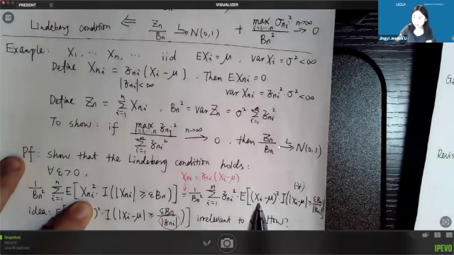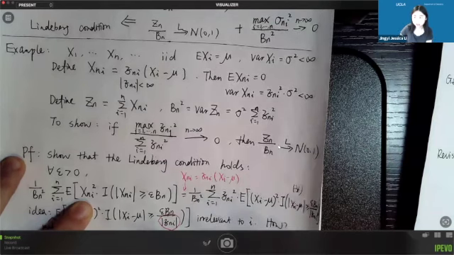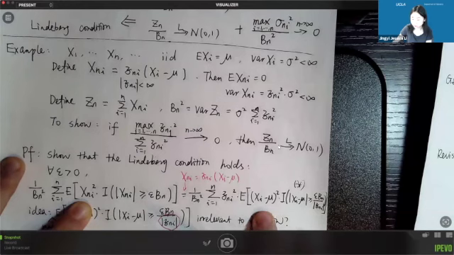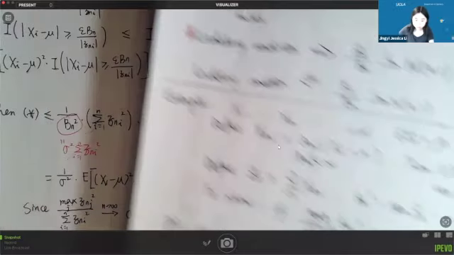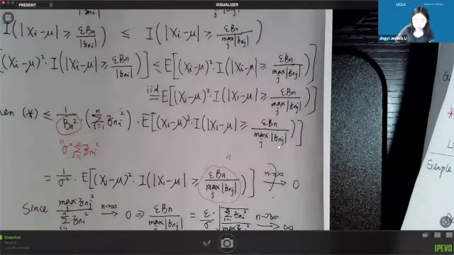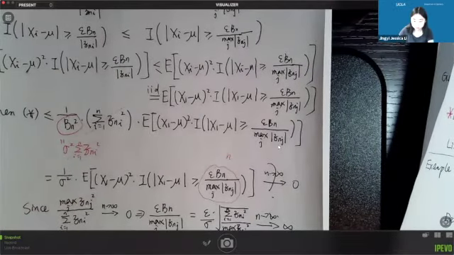And with IID, the nice thing is that whenever the expectation is only about xi, we can replace xi by x1. Then the expectation becomes not relevant to i, and we get it out of the expectation. That's the key trick here. And we will see this again in another example very soon.